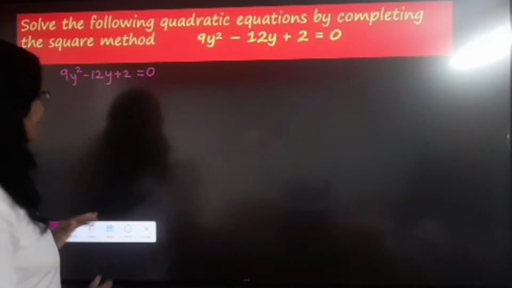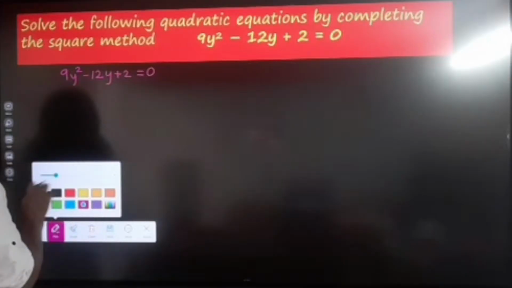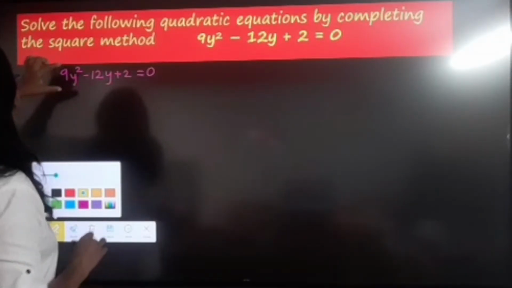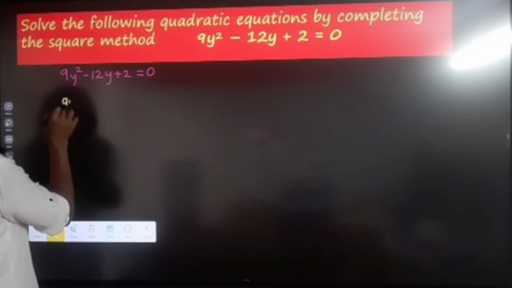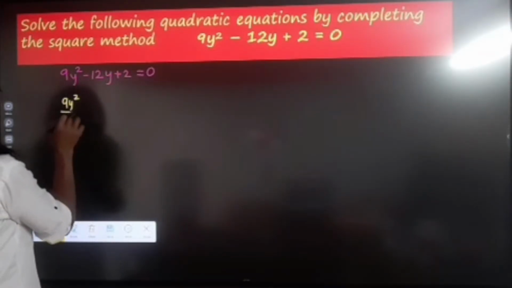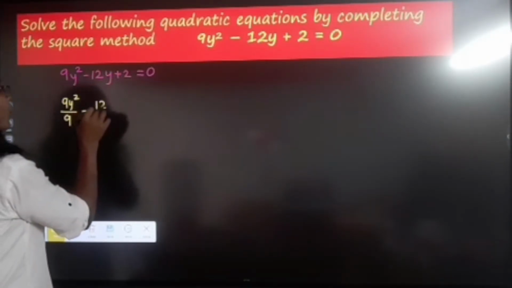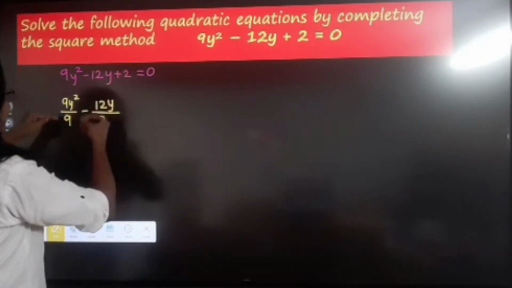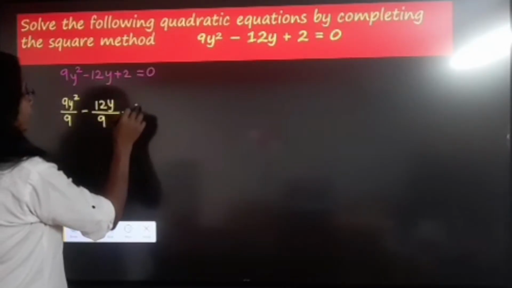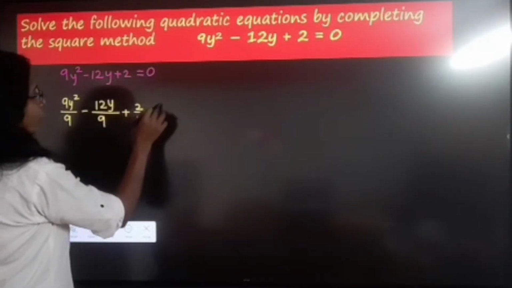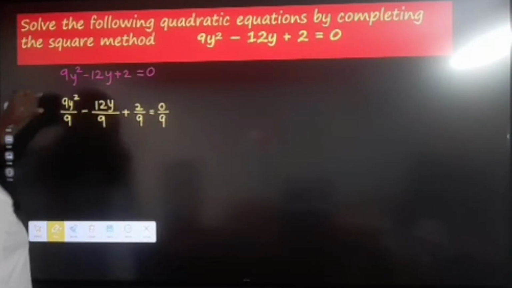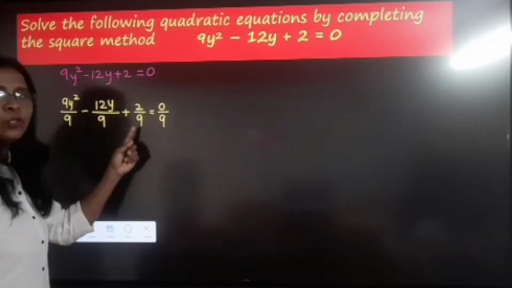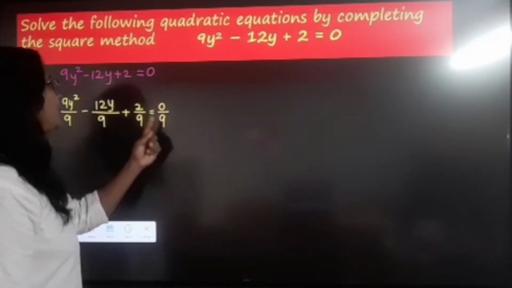Okay. The second step is that we have to see the coefficient of the first term, that is y square, and divide both the sides by that coefficient. So here the coefficient is 9, so I divide both the sides by 9. So 9y square upon 9 minus 12y upon 9 plus 2 upon 9 is equal to 0 upon 9.